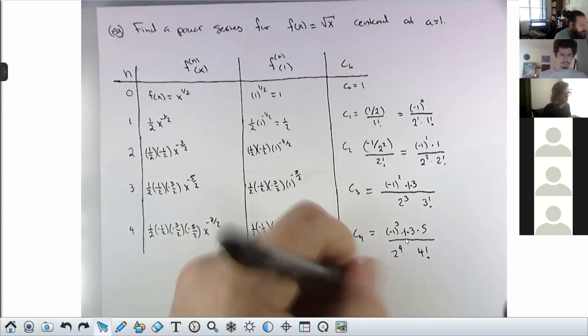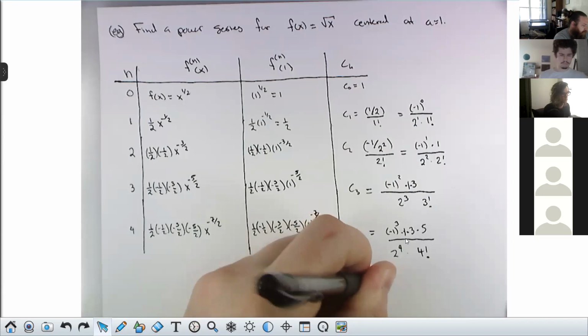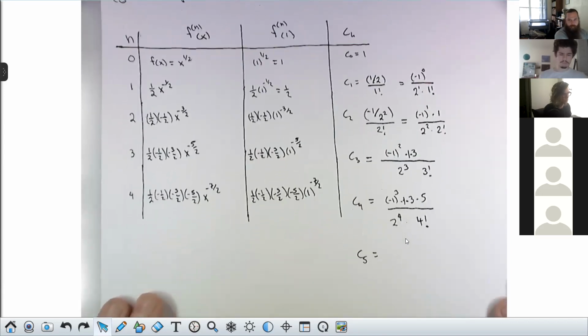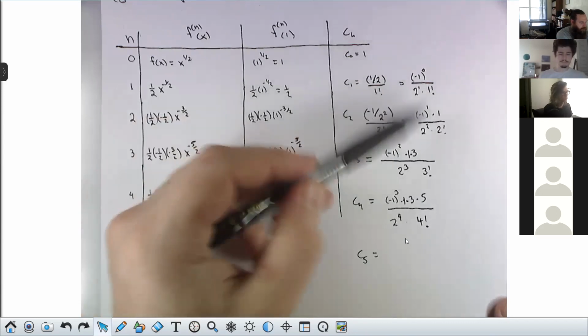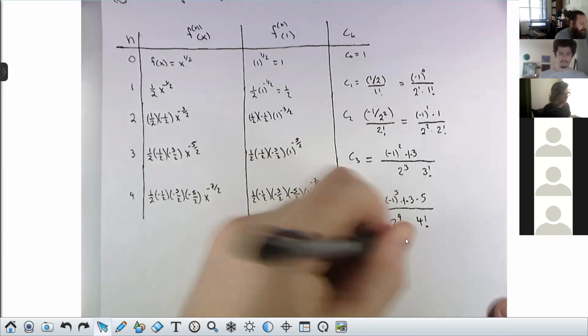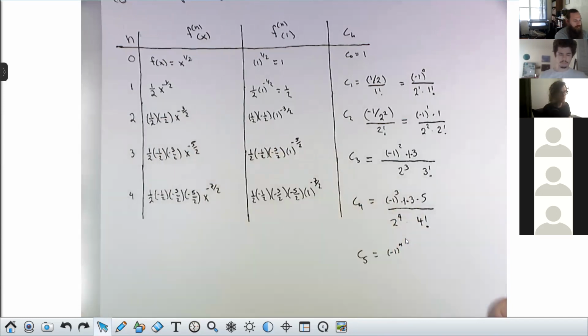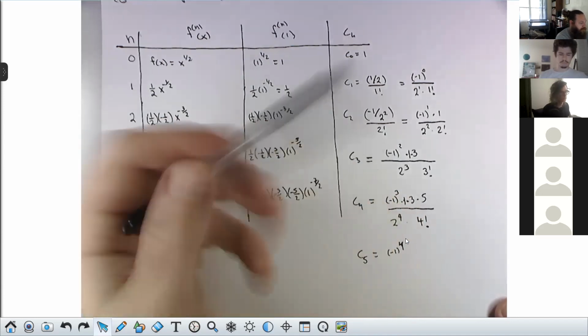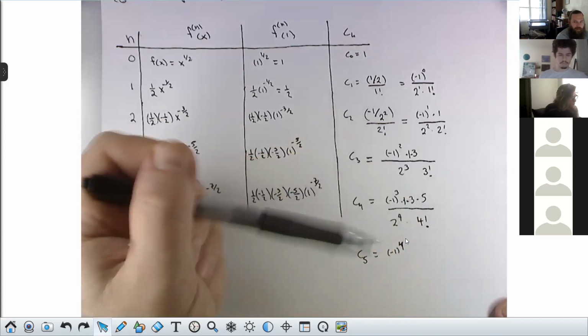So if we were to guess at C5, -1 to the 0, 1, 2, 3 should have a -1 to the 4. The product upstairs is 1, 1, 3, 1, 3, 5.